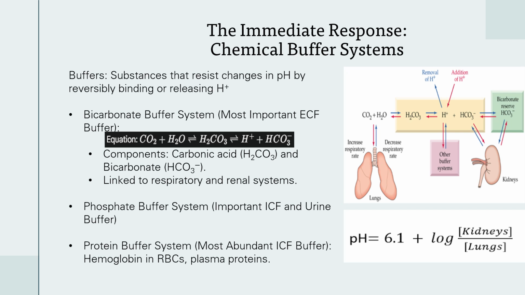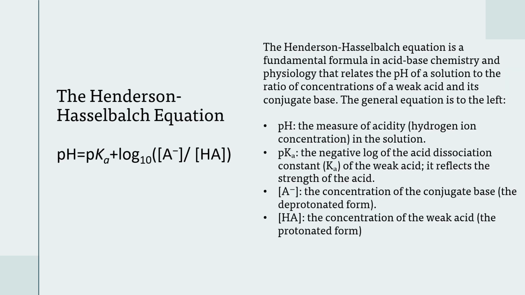So the Henderson-Hasselbalch equation basically is a way to determine the ratio of the bicarbonate ion concentration, which in this case will be in the numerator, which is this one here. A minus is just the conjugate base of the acid, which in this case will be carbonic acid. It could also be the partial pressure of carbon dioxide.